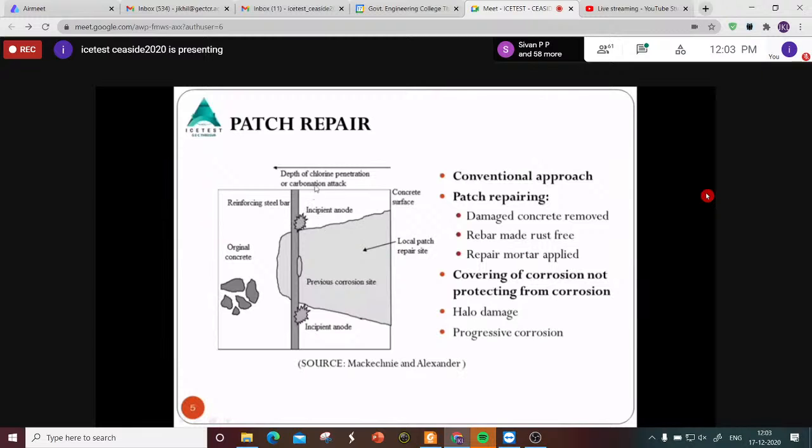And then again it should be removed and patched. Then the upper portion will again get damaged and act as the anode, and this process continues and progressive corrosion occurs. So nowadays, patch repairing is not adopted on site, as both clients and contractors have realized the outcome of this method because it worsens the situation.